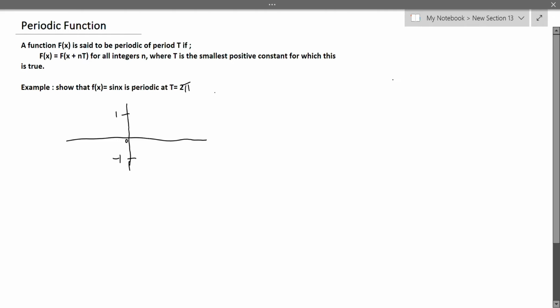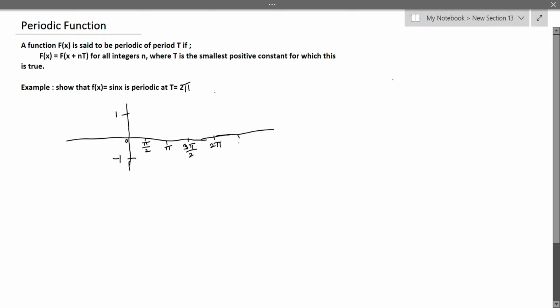This is 0. At this point we have pi over 2, which is 90, then pi, which is 180, next is 3 pi over 2, which is 270, then we have 2 pi, and so on.